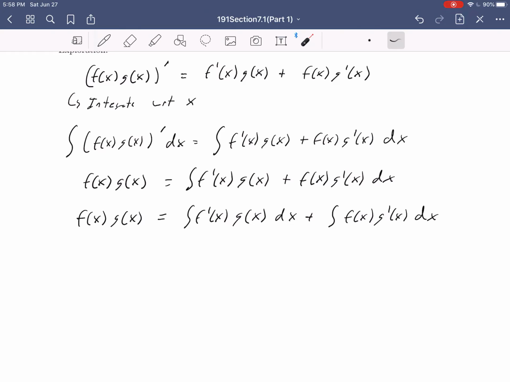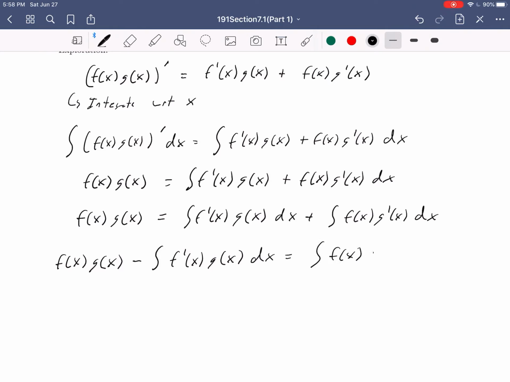Well, let's go ahead and rearrange this a little bit. Let's bring this piece over to the other side. It doesn't really matter which one we bring, but let's bring this guy over there. So we're going to think about that as f of x g of x minus the integral of f prime times g of x dx is equal to the integral of f of x g prime of x dx.